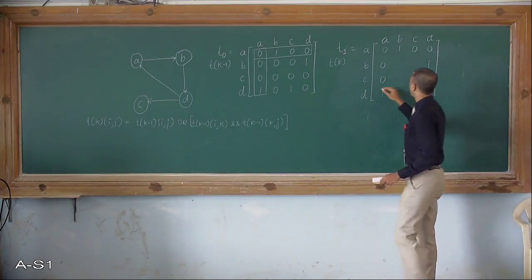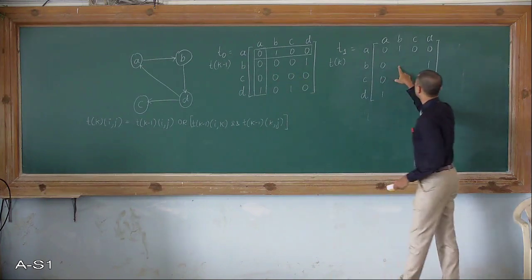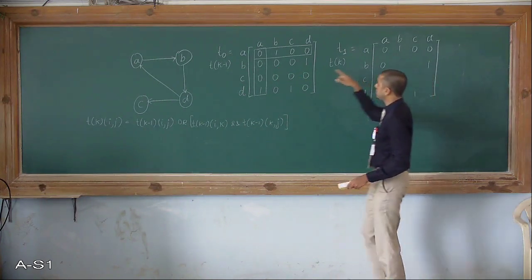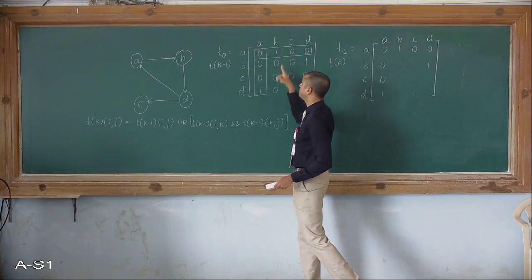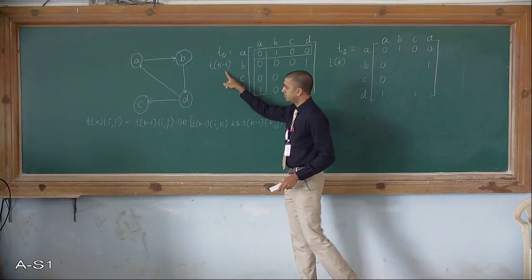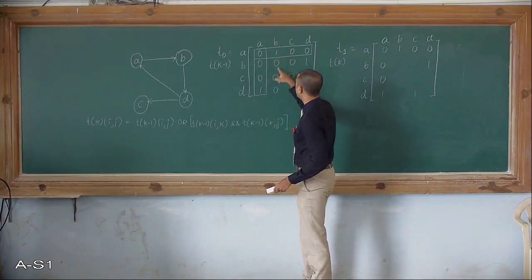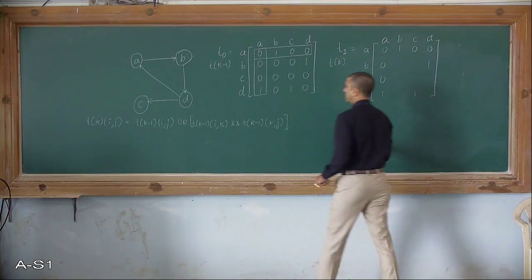Alright. B to B is 0 over here. Yes, let's try to convert this 0 to 1. Let's see if I can have a path from B to B. So in T of k minus 1, ij. Here ij is b comma b. So let's write that.